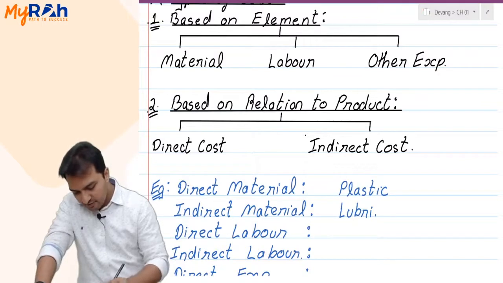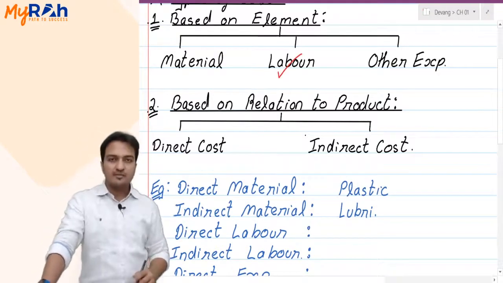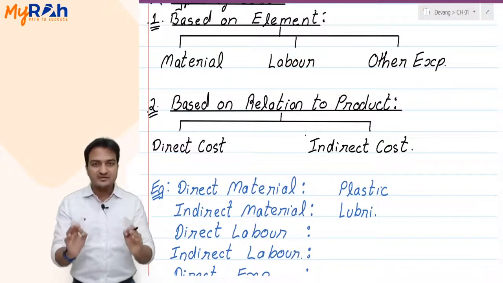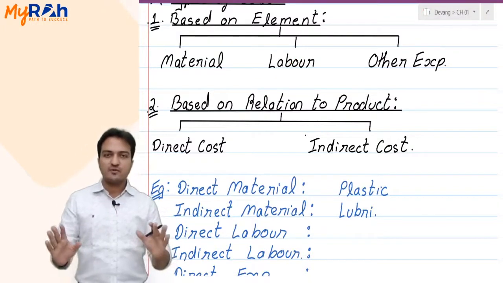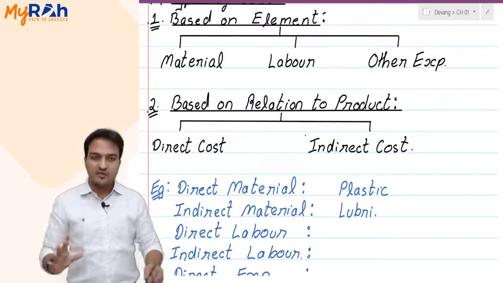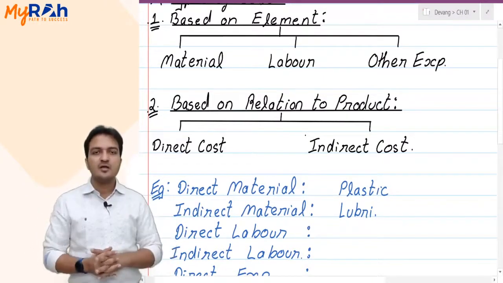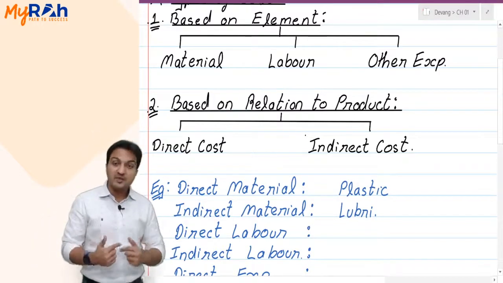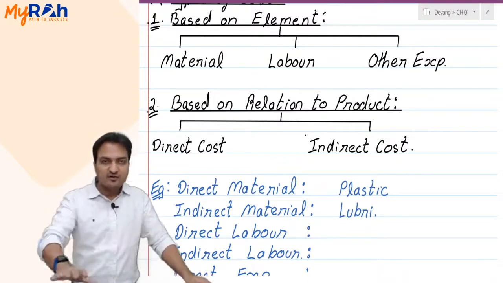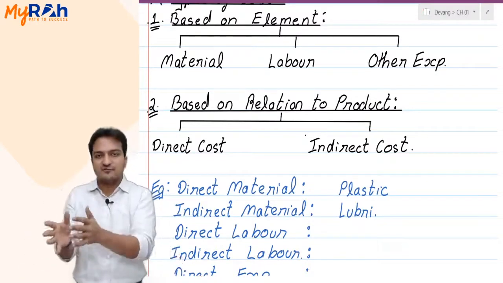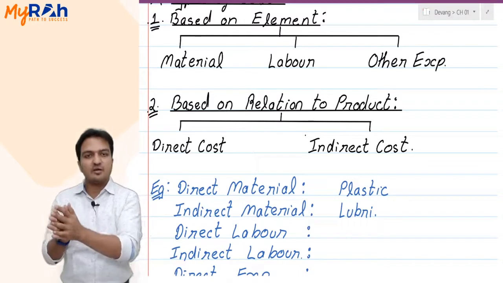Next, labor. Now labor, in my costing subject, labor cost means all types of payments done to humans. Humans in my company, human beings, people. So when I say labor in costing, it does not mean only the bottom level workers, the worker class in the company.